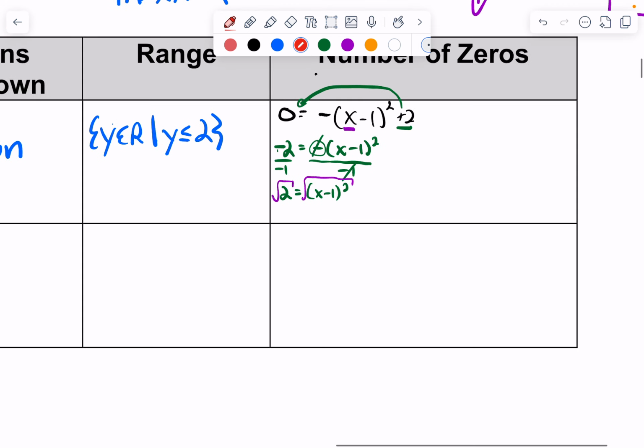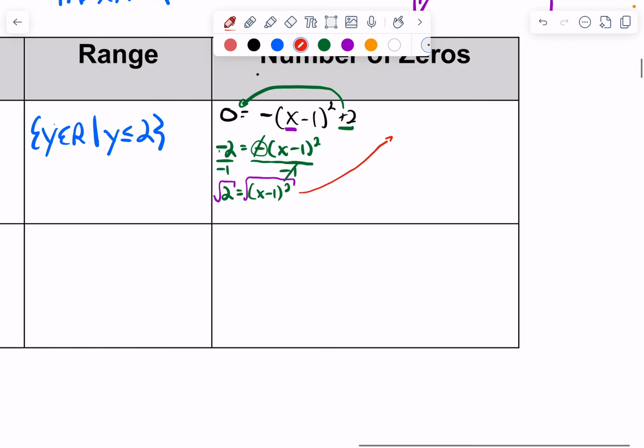And now this is the key part. Right now we have the square root of 2, and that is equal to x minus 1 on the other side, since taking the square root gets rid of this exponent. When you take the square root of something, remember, there are 2 possible values: a positive answer or a negative answer.